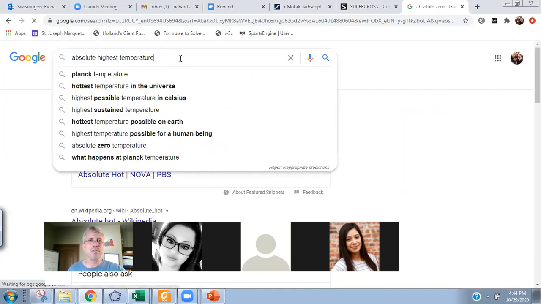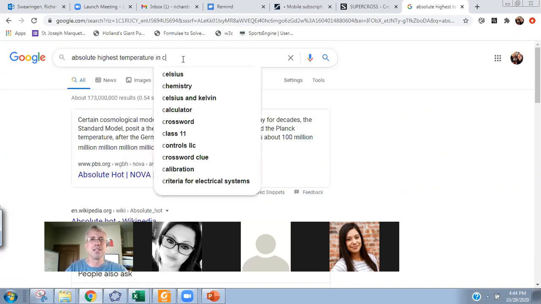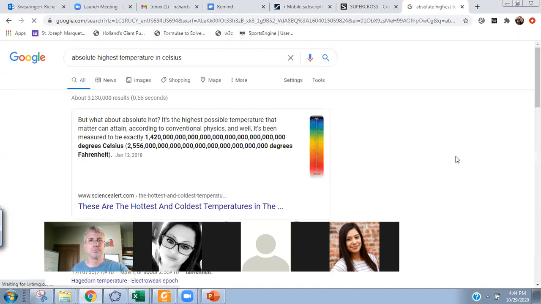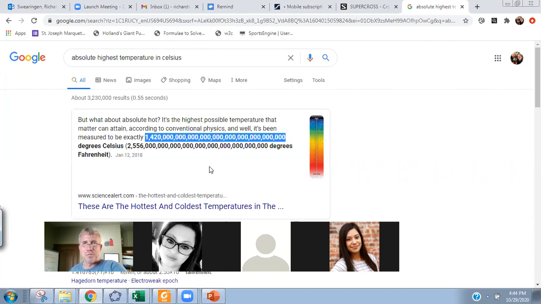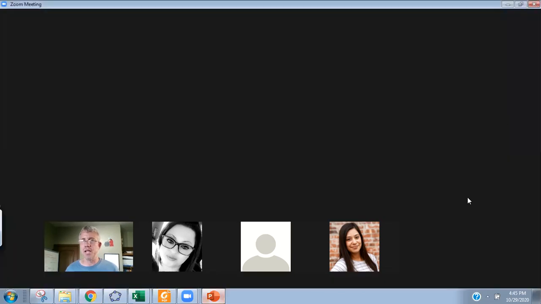And they're giving it to me in Kelvin, which would be normal in science, in Celsius. And there it is. And what do they call it? Absolute hot. Highest temperature possible. There it is. So what is that? 1.42 times 10 to the 12th. And that's what you would dump in on the other end.